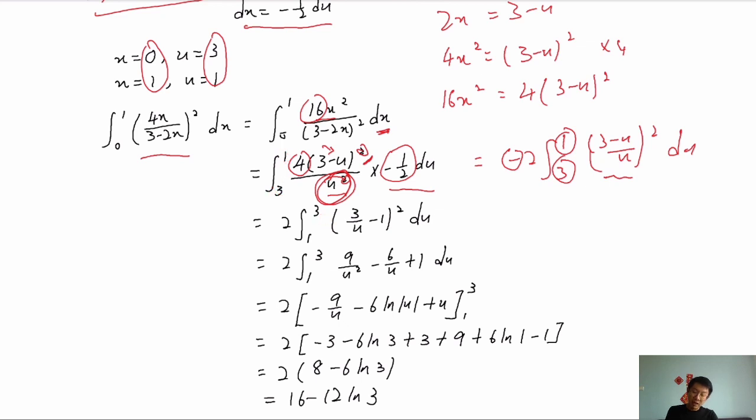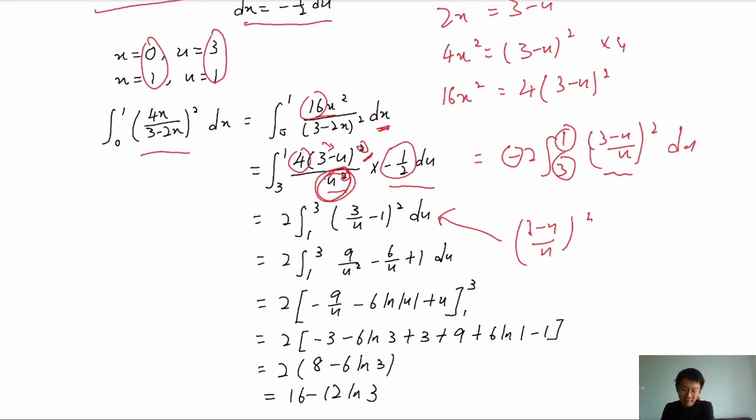Inside here we have got (3 minus u) over u, the whole thing squared, which can be written in this form. We split the terms first in order for us to integrate easier, and from there we expand, because this one we know how to expand easily, and after we expand, we can integrate all the terms there.